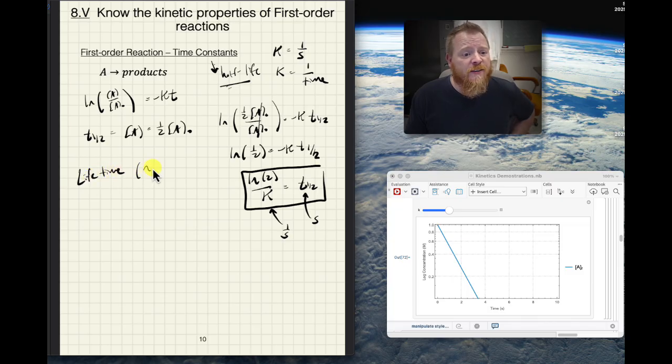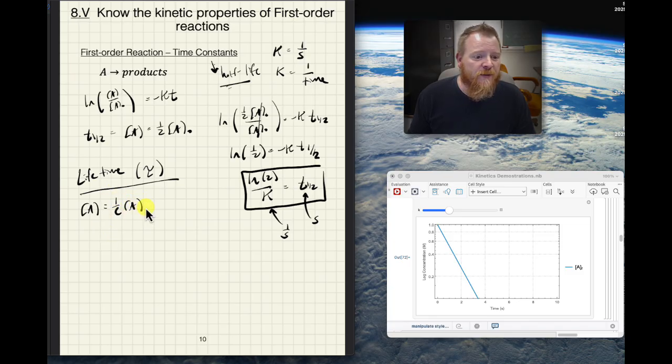Lifetime. And that gets a Greek letter tau. By definition, the lifetime is the following: when A at any time equals 1/e times A0. And that's roughly 37% of the initial A concentration. So what is significant about that?